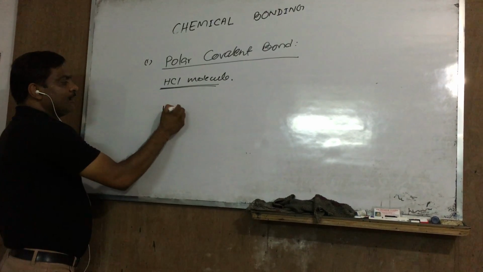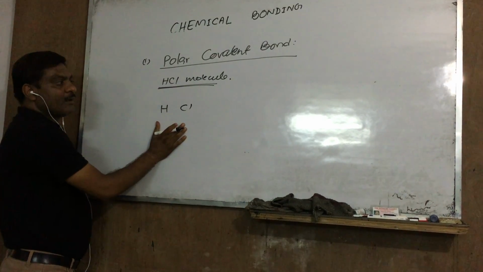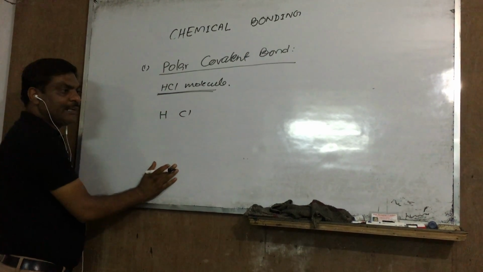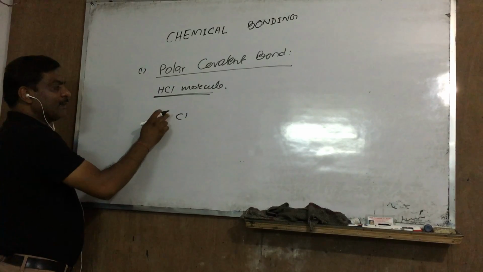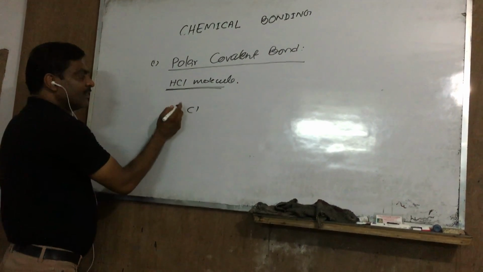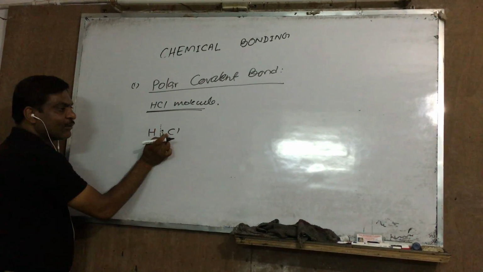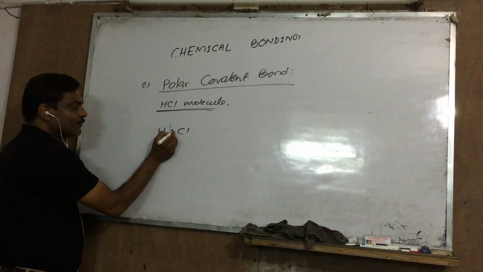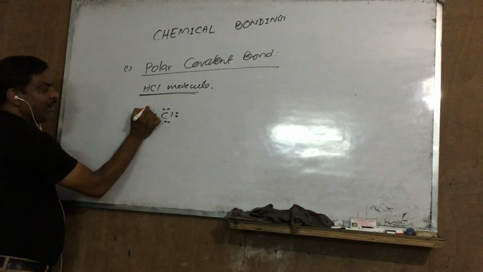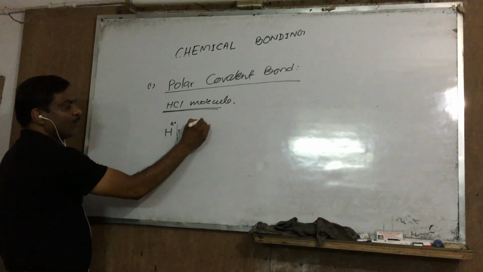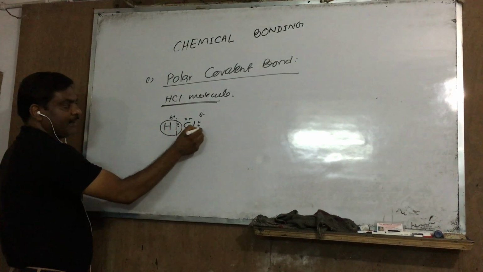So in between hydrogen and chlorine, there is the mutual sharing of 1 pair of electrons, but chlorine is more electronegative, so the shared pair of electrons will not lie exactly in the mid of these 2 combining atoms. The shared pair of electrons will be slightly shifted towards the chlorine atom, and due to this shifting, hydrogen will acquire slight positive charge and chlorine atom will acquire slight negative charge. But there is the mutual sharing of one pair of electrons.